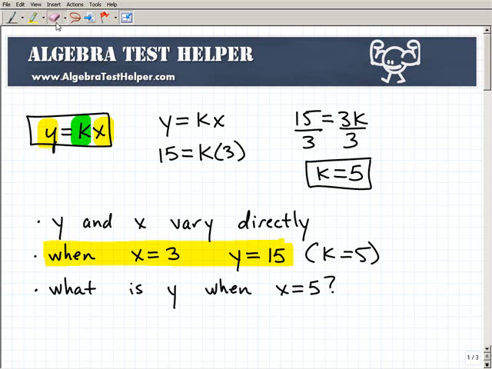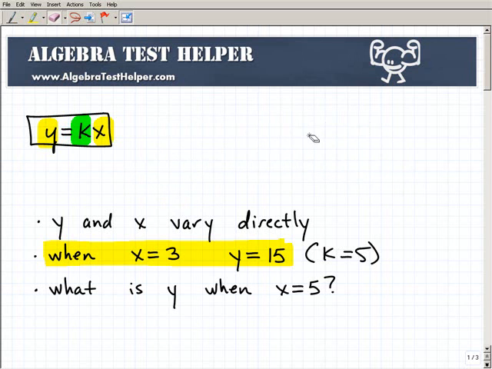And like I said, these problems are generally going to work all the same way. So I'm going to erase this now. And knowing that k equals 5, instead of having the general equation, y equals kx, my new equation is going to be y equals, k now I know is 5, so it's going to be y equals 5x. And this is the equation I need to solve this specific question.